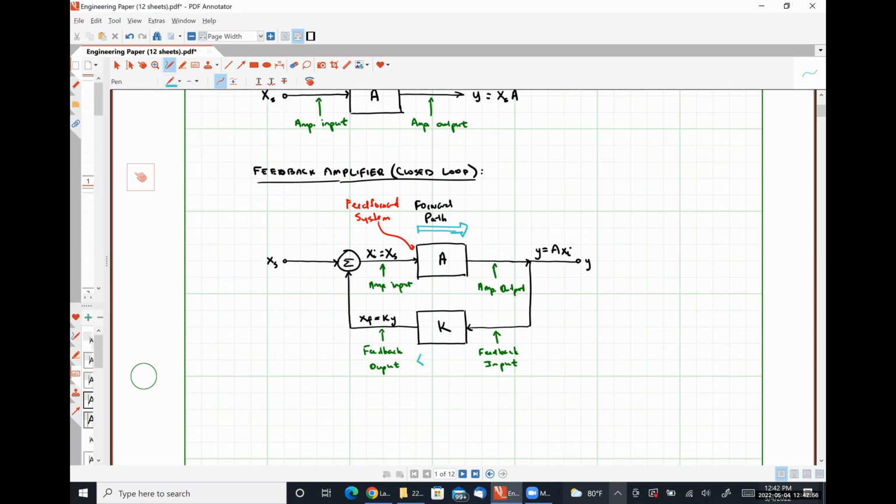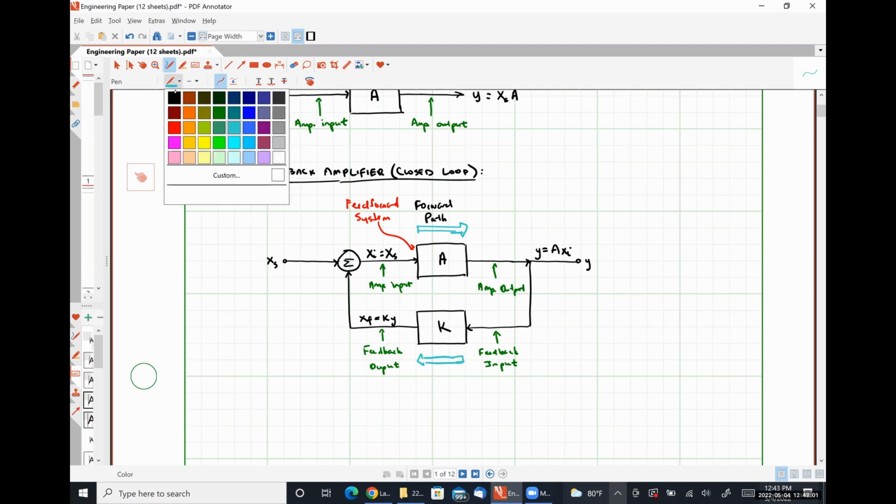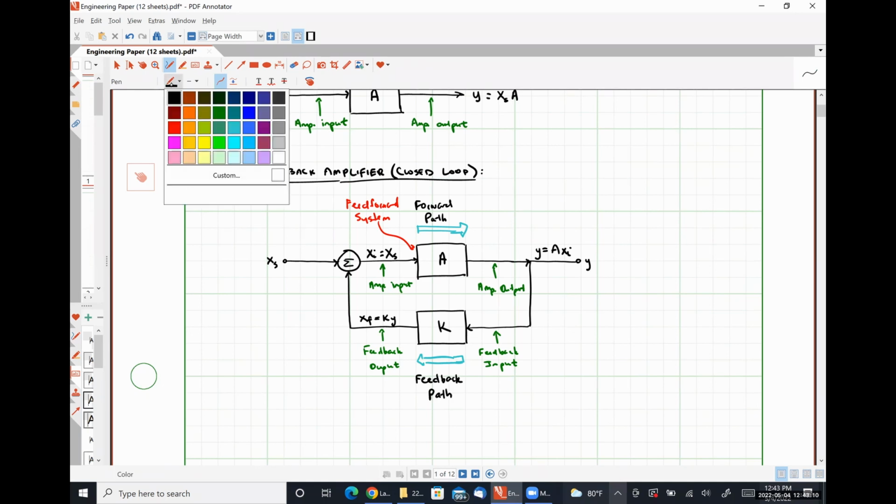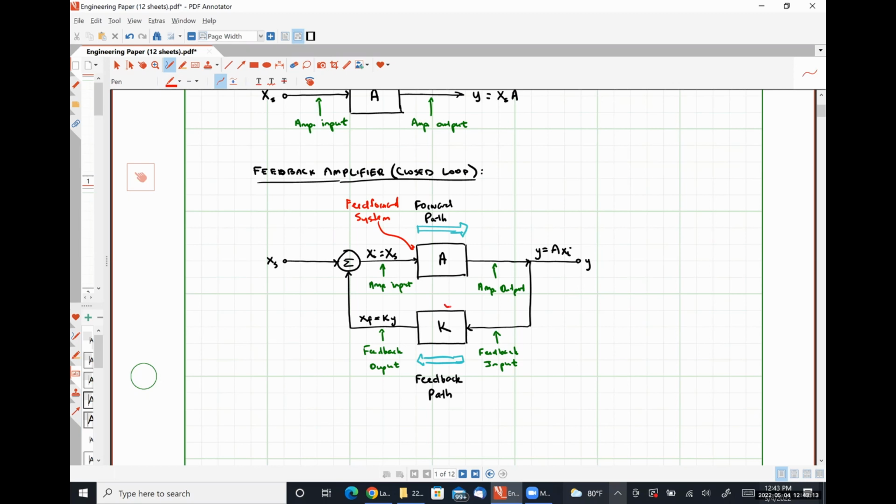This is what we're going to call our feedback path. And K represents our feedback network. Our feedback network here is typically realized using some combination of passive components, so resistors, capacitors, and inductors.